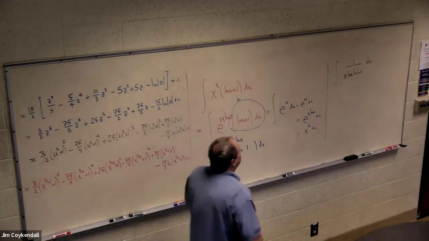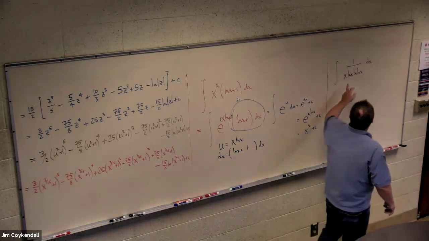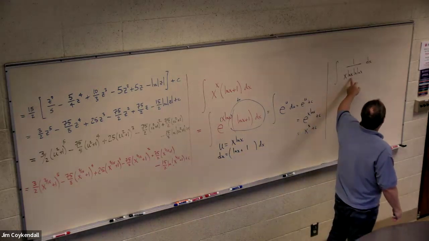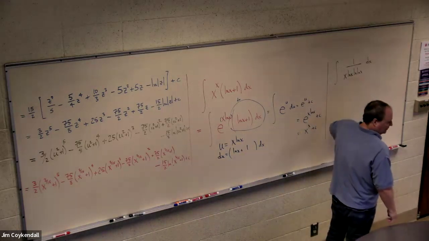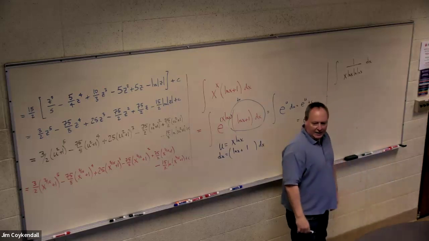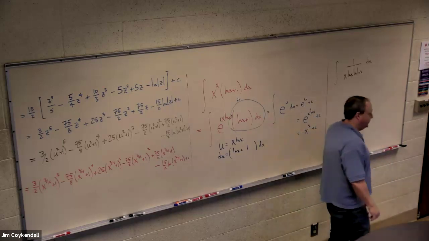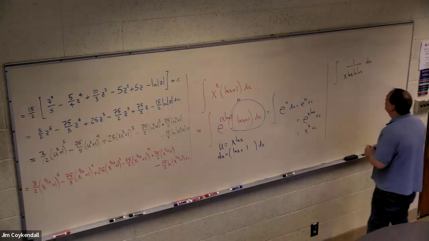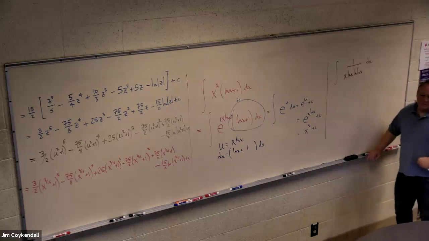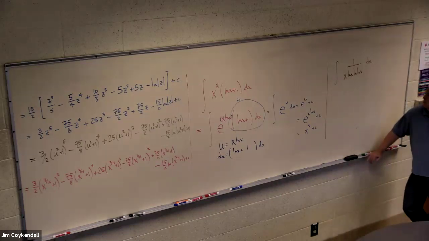So this function on the bottom is x times the natural log of x times the natural log of the natural log of x. I want to find an antiderivative. I'm going to try u-substitution first. Here's why. Here's a mistake not to make.